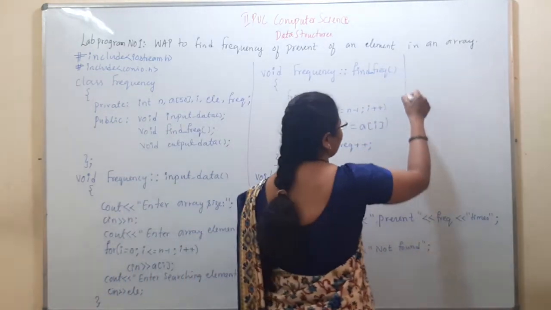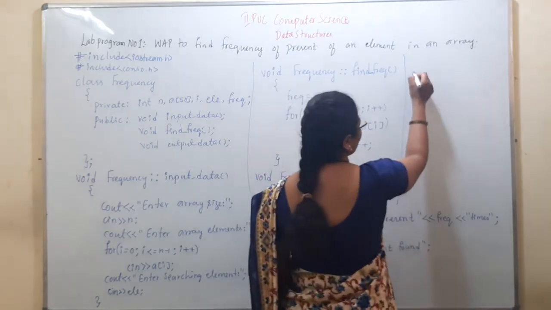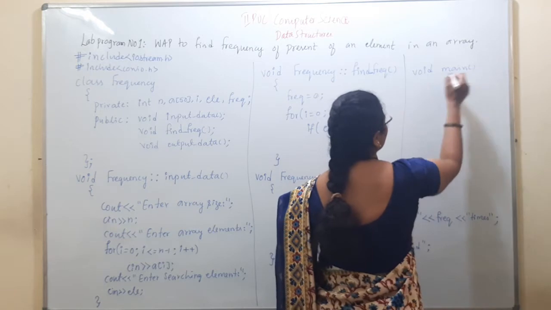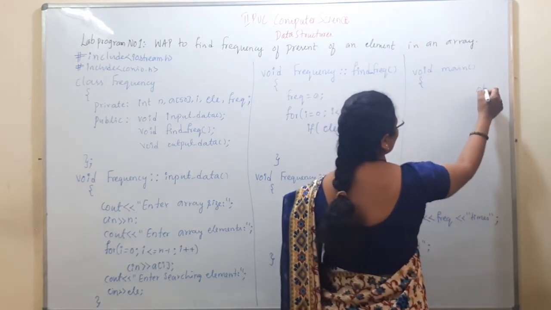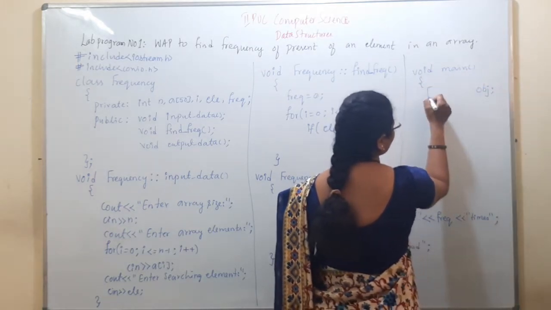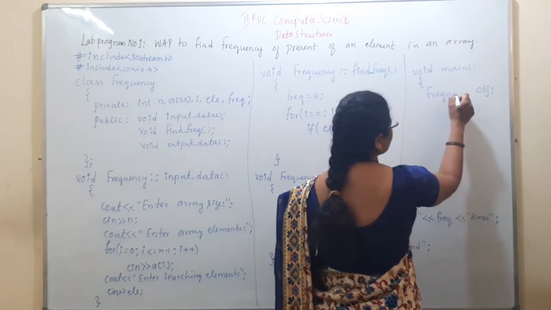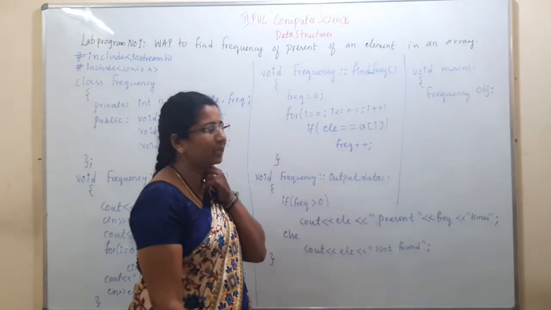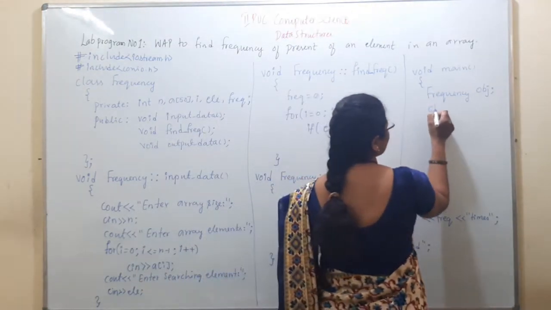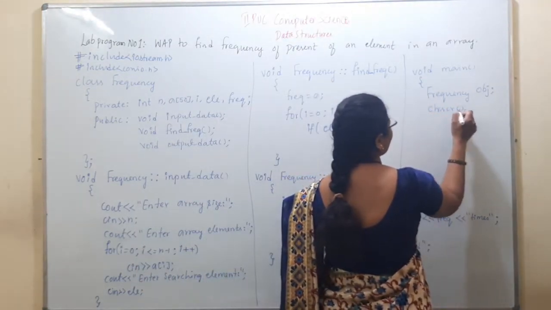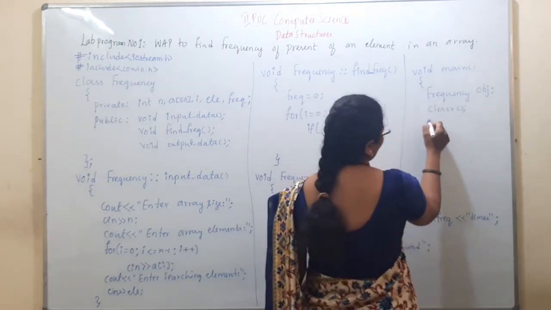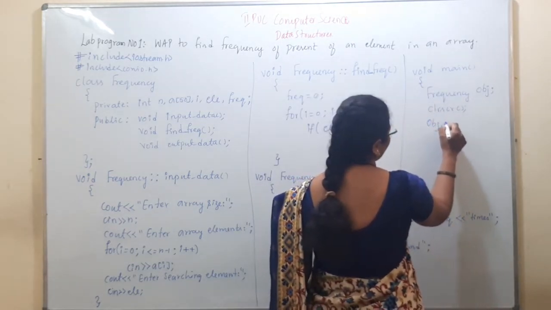Then we will write the main function, void main, and declare the object with the class name. Then clrscr, it may be the first statement or the second statement, doesn't matter. Then obj dot input data.